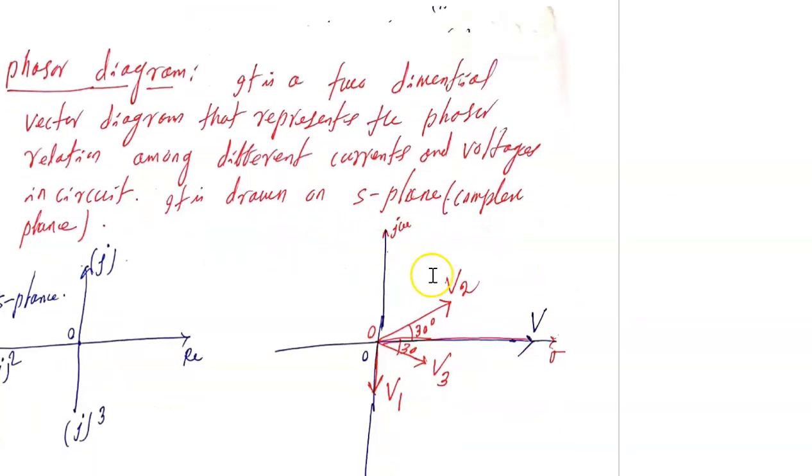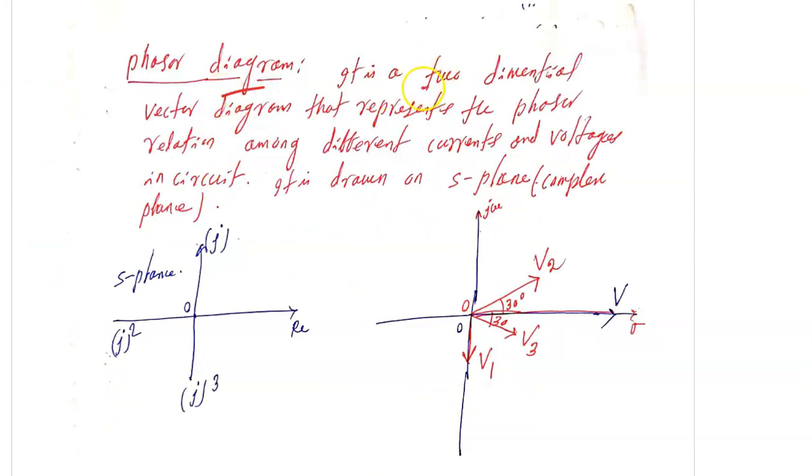Let us move to the phasor diagram. What is the phasor diagram? It is a two-dimensional vector diagram that represents the phasor relations among the different currents and voltages in a given circuit. It is drawn on the S-plane, or we call it the complex plane. What is the S-plane? You know this from control systems if you have already studied.